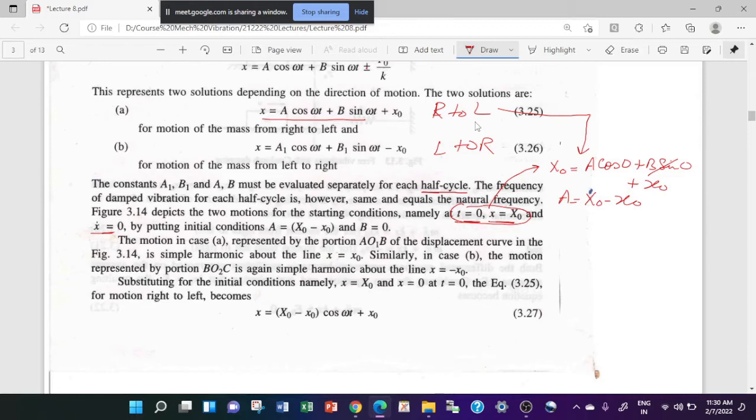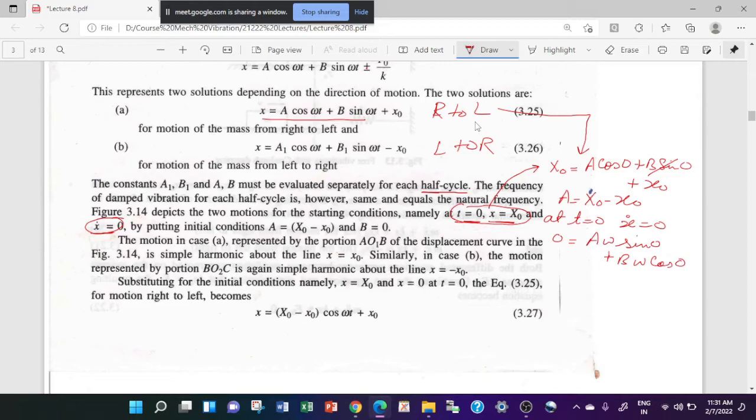And when you write this condition here, for this condition at t is equal to 0, x dot is equal to 0, it becomes 0 here. This is your a omega sin omega t, means sin 0, plus b omega cos omega t, cos 0, and this is 0.